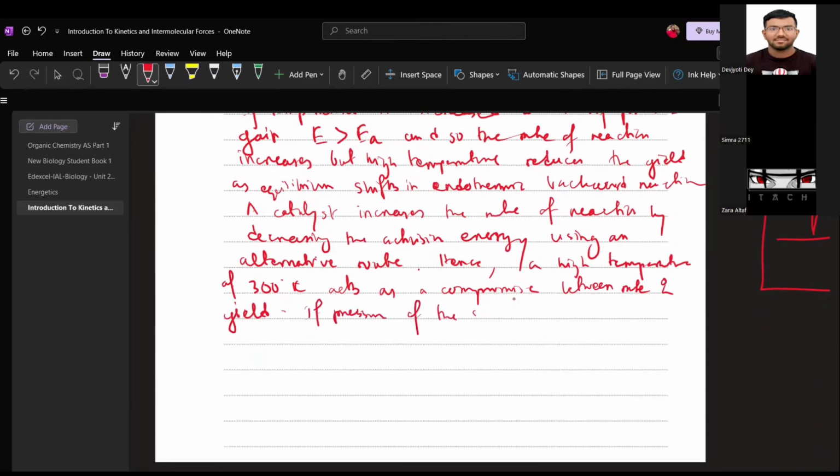Pressure of the system is increased, so the equilibrium shifts to the right side.